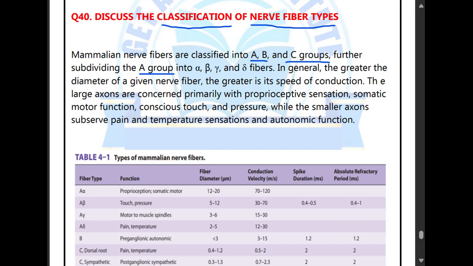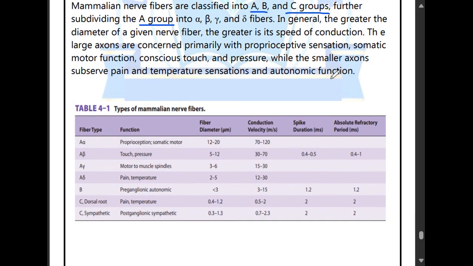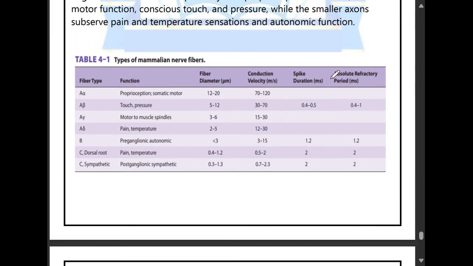But those which have smaller axons subserve pain and temperature sensations and the autonomic function. So when you are told to discuss the classification of nerve fiber types, everything is summarized in this particular table, with regards to the types of mammalian nerve fiber types.